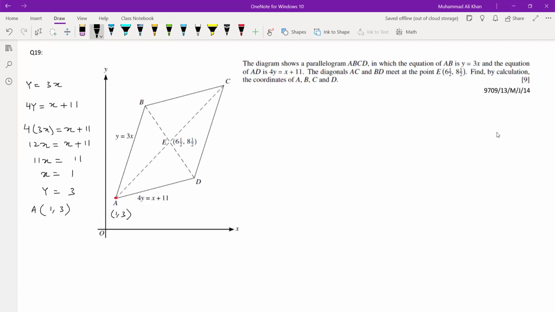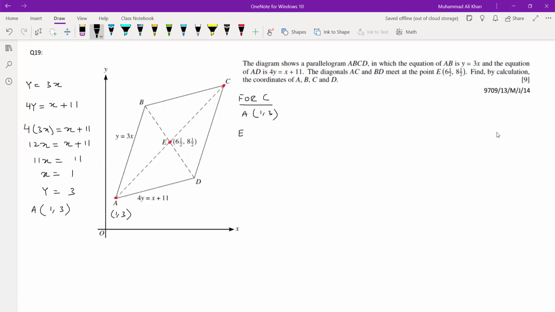Is this clear? After that, I am able to calculate the coordinates of C. How? Because the midpoint is given. By the help of midpoint formula, I'm doing for C. The first A is 1, 3.